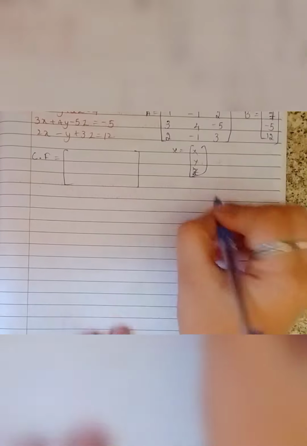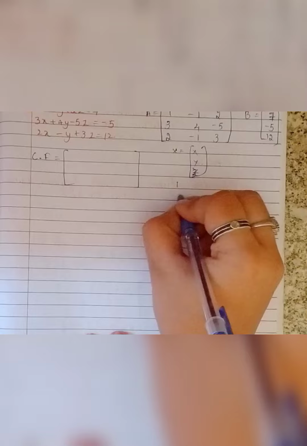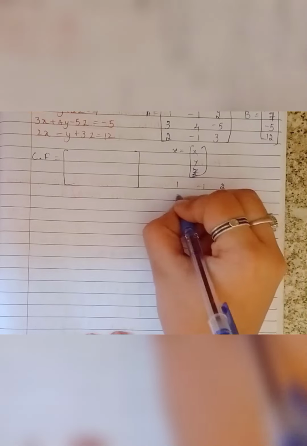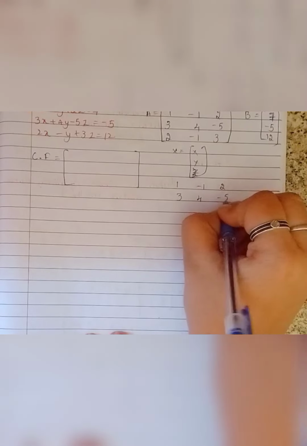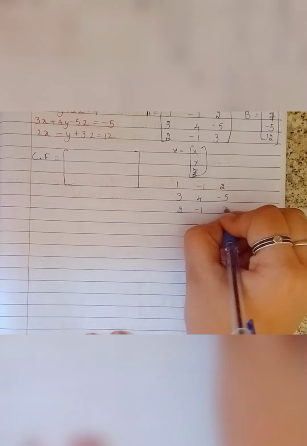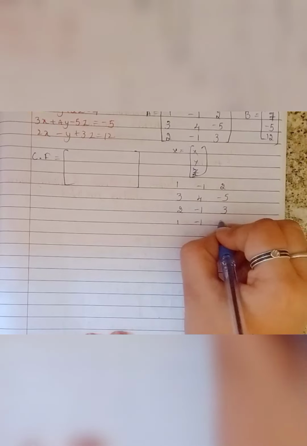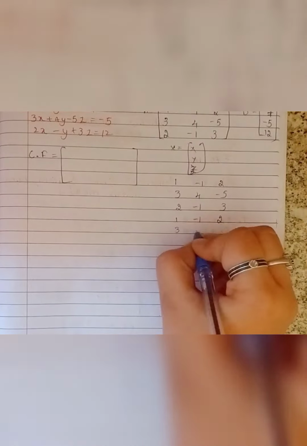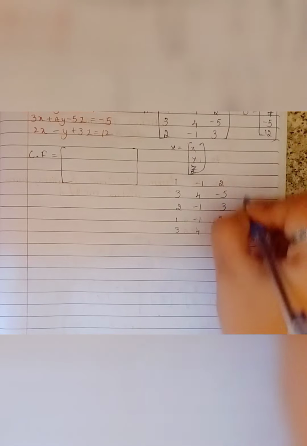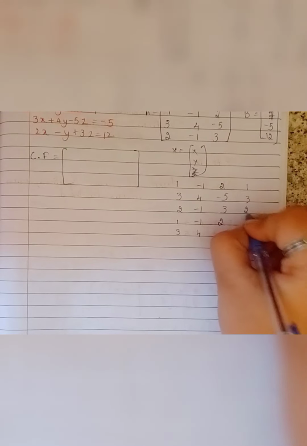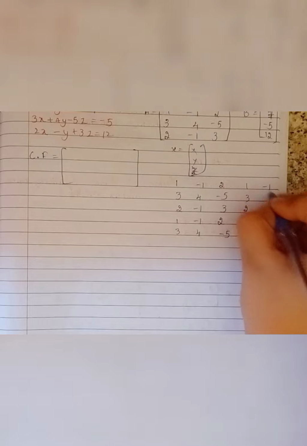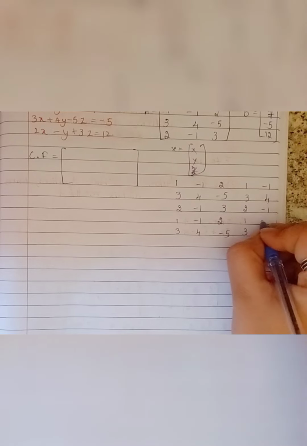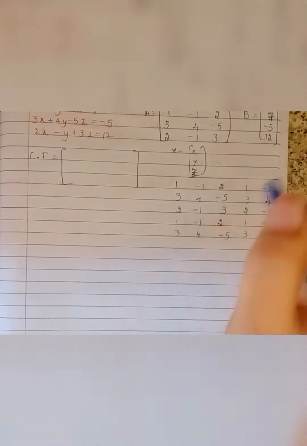Now the cofactor. To find the cofactor, we have to write a 5 cross 5 matrix: 1 minus 1 2, 3 4 minus 5, 2 minus 1 3, 1 minus 1 2, 3 4 minus 5, and 1, 3, 2, 1, 3, minus 1, 4, minus 1, minus 1, 4.